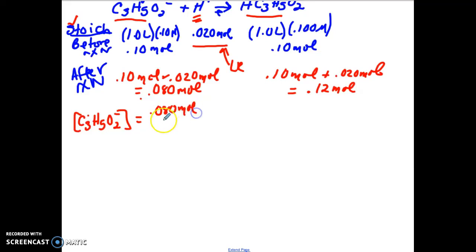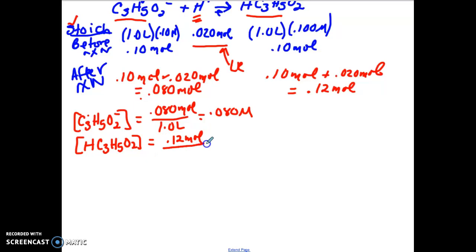Now remember, I want concentration, so that's going to be over 1 liter, which is going to give me 0.080 molar, and my concentration of the acid is going to be 0.12 moles over that 1 liter. And this is an example where I have 1 liter. Remember, you might not always have 1 liter, so make sure you're keeping track of your moles and your molarity, because they are different. This becomes 0.12 molar.